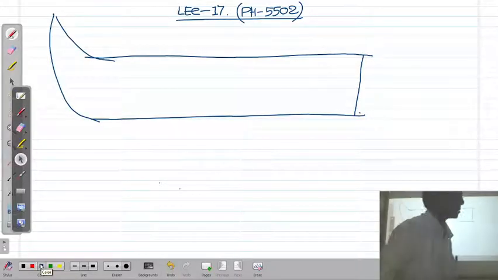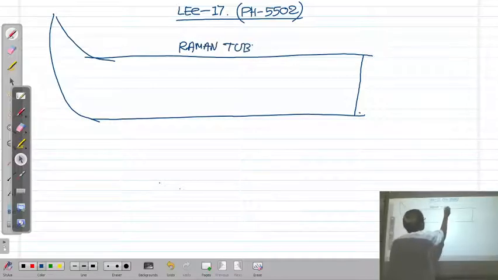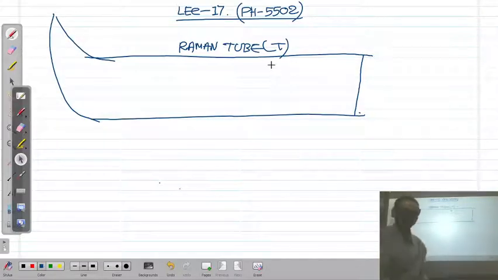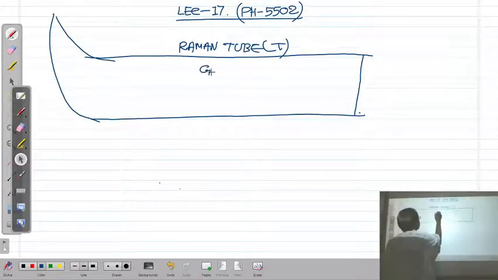As we discussed in the previous lecture, for Raman spectra we have a Raman tube filled with a gas or liquid.